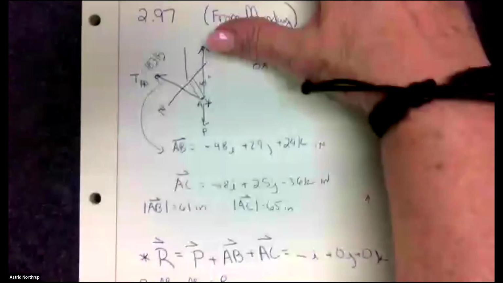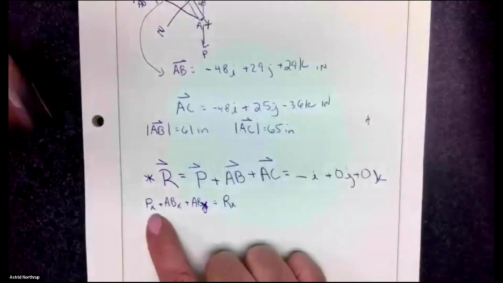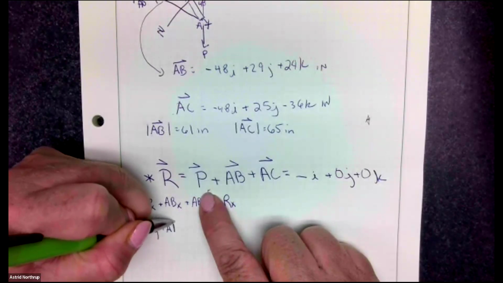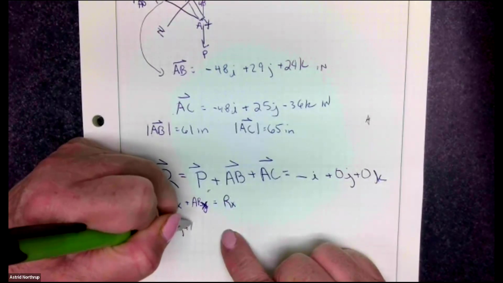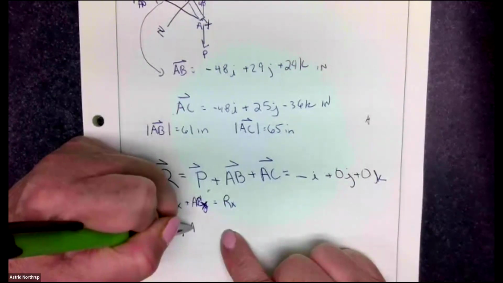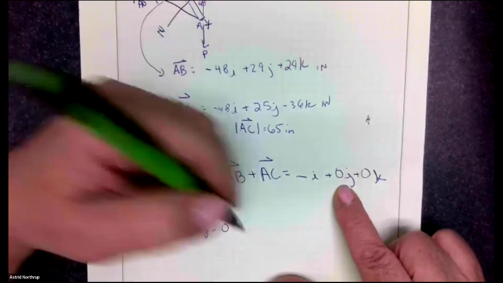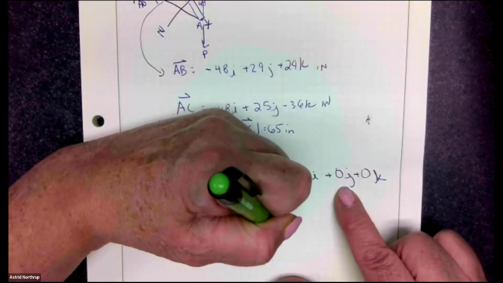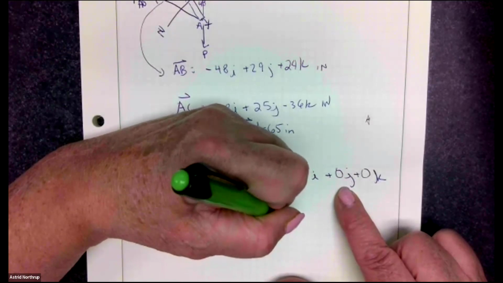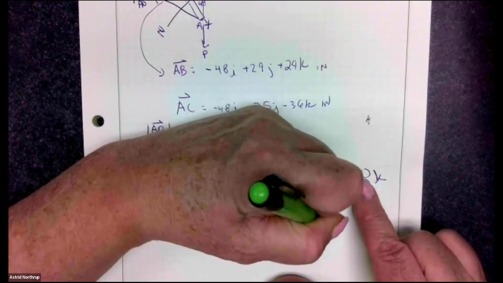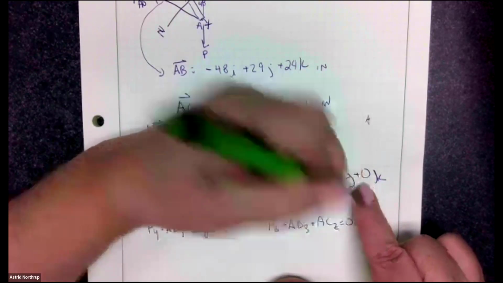But it also means that if we take P in the y direction and add it to the component of AB in the y direction and AC in the y direction, that has to be equal to zero, as do those components in the z direction. That's the condition of this equation.